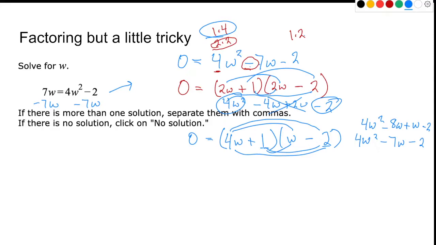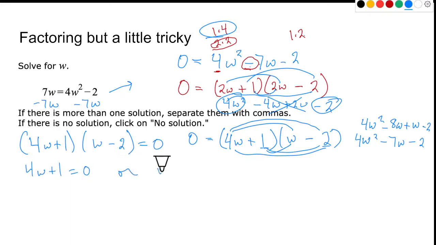Now that I've messed this up a bit, I'm going to rewrite it over here. But that's the tricky part of this, getting the right combination. And as you practice a little bit, you hopefully will get better and better at it. So again, we separate this. It's going to be 4w plus 1 equals 0, or w minus 2 equals 0.